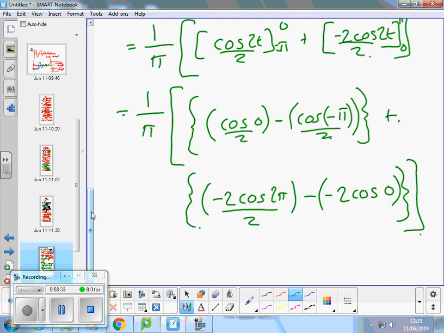Cos 0 over 2 minus the cos of minus pi over 2.